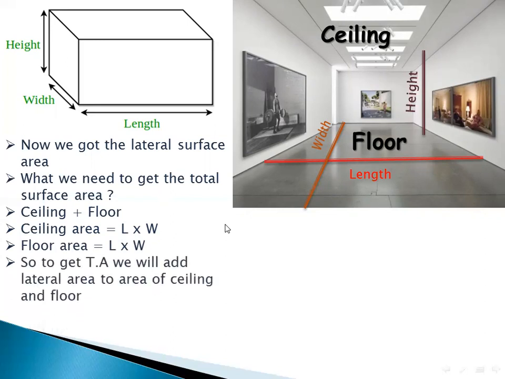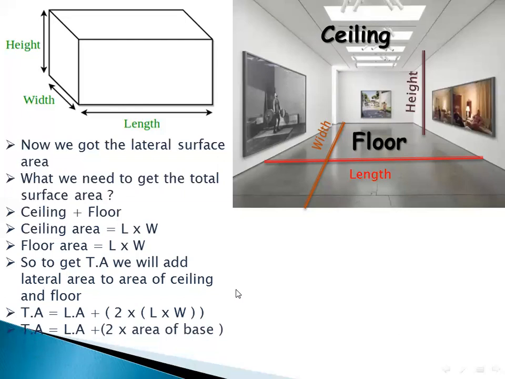So to get the total area, we will add the lateral area to the area of ceiling and floor. This means I'm going to add the lateral area to 2 times length times width. Length times width equals area.